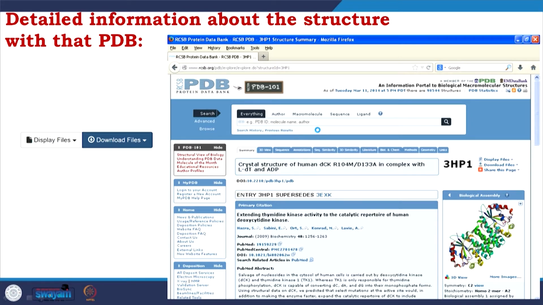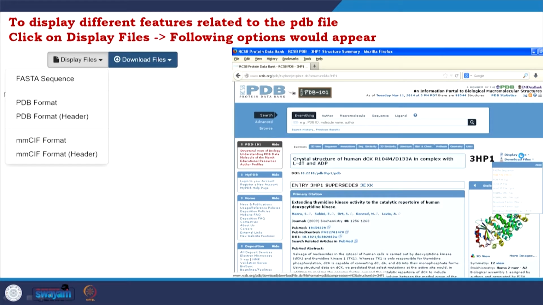So, you see the entry and there are two options to look at the file. One option is display files, another option is download files. Through display files you could see the files, and through download files you would download them. When you go to display files, there are three major groups of information.